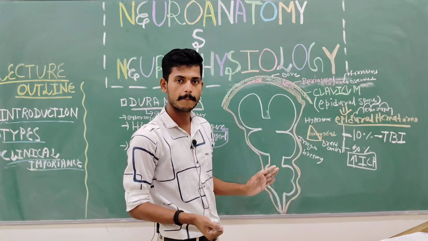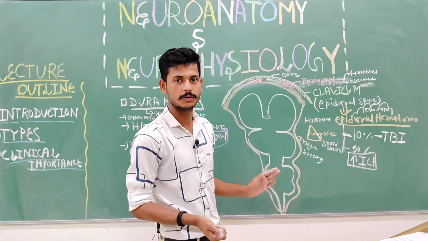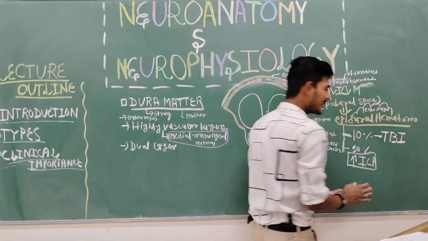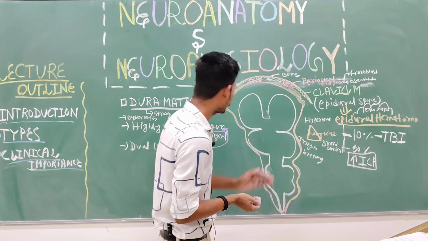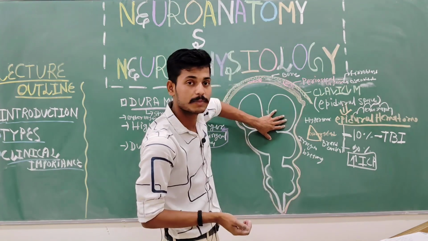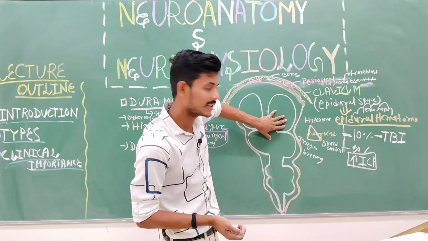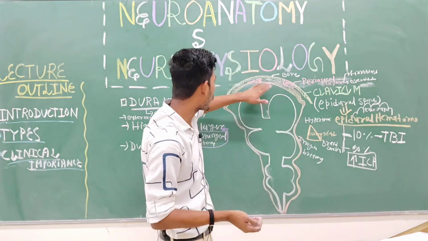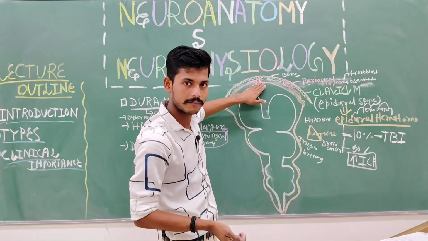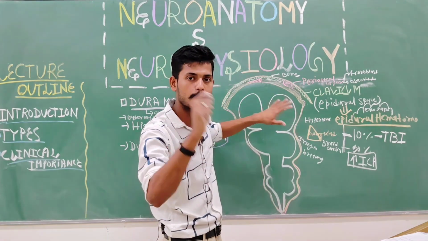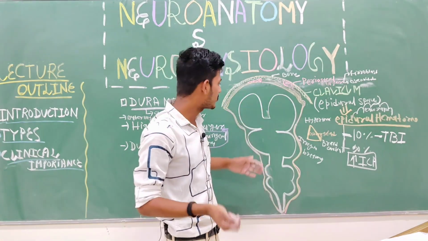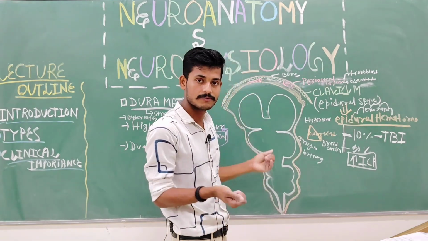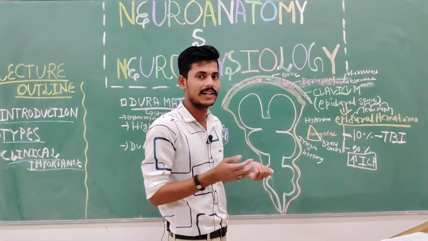No problem. The intracranial pressure is the pressure created by the fluid present in the central nervous system as well as the tissues, on the wall of the skull. They exert a kind of force on the wall of the skull, and this is called the intracranial pressure.